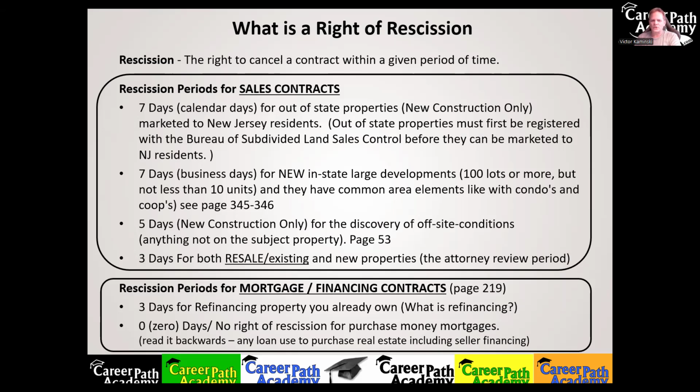There's a 5-day new construction right of rescission for the discovery of off-site conditions. And there's a 3-day rescission period for both new construction and resale/existing properties. That's for the attorney review period.